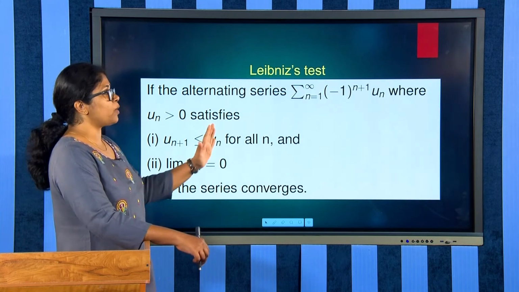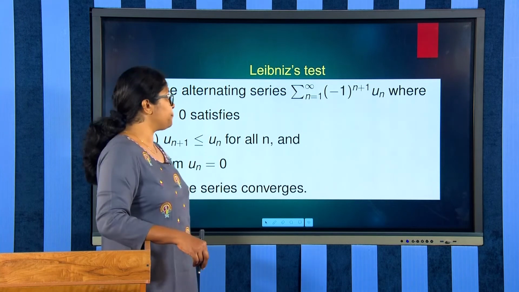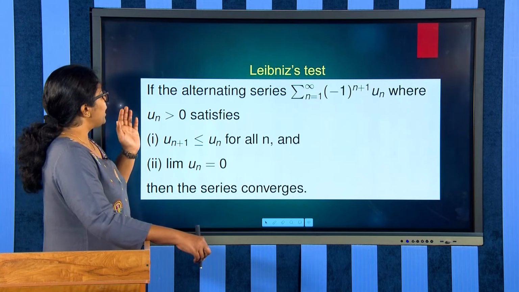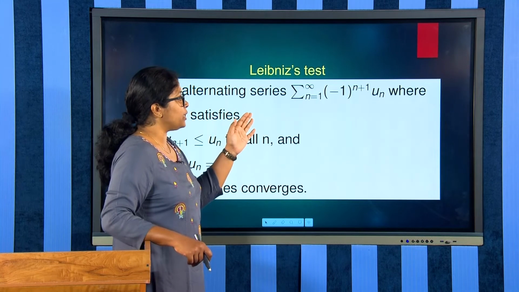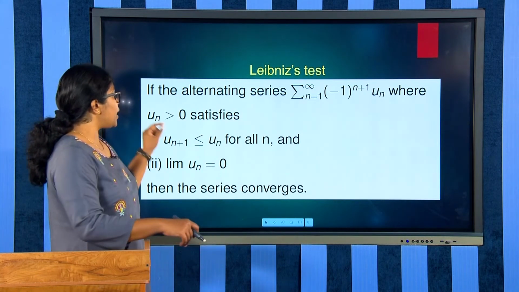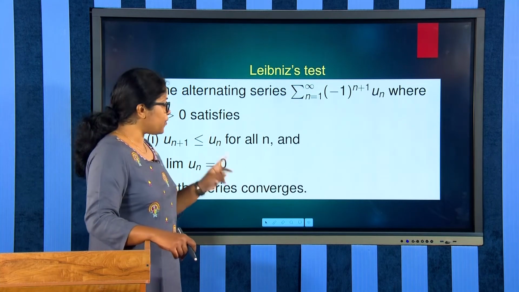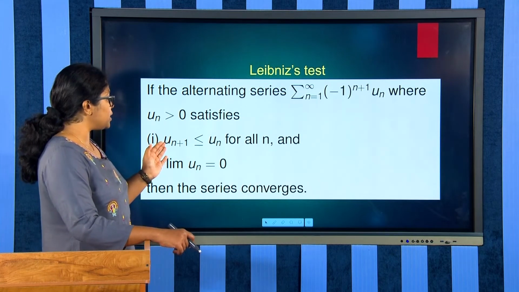And here comes the test for alternating series, which is called the Leibniz test. So, what does the Leibniz test say? If the alternating series summation n equal to 1 to infinity negative 1 power n plus 1 un, where un's are positive, satisfies two conditions, we can say definitely the series converges. And which are the two conditions?